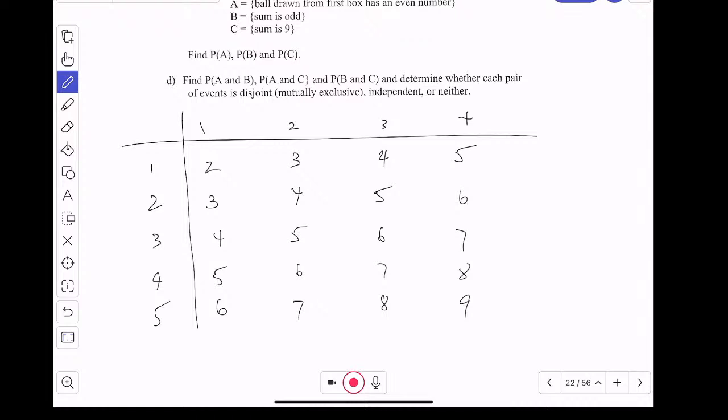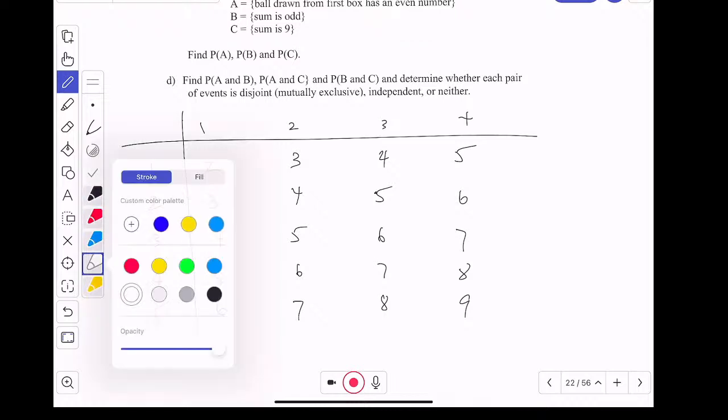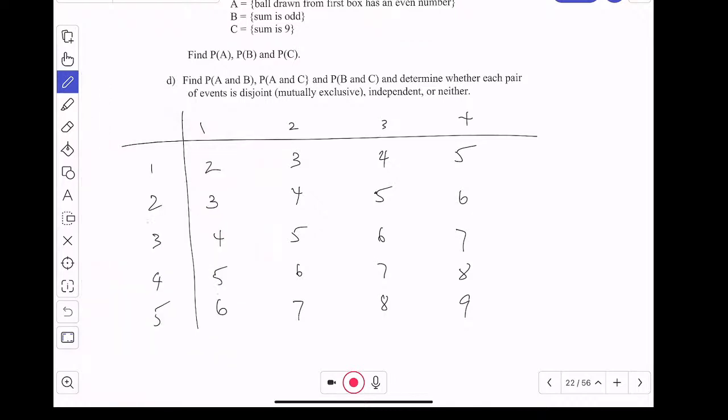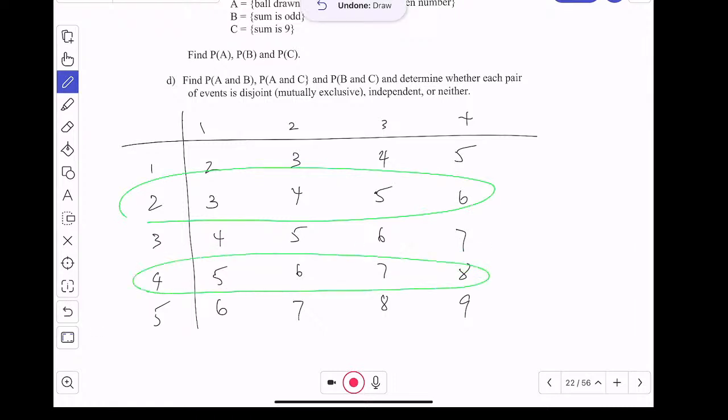So the ball drawn from the first box is an even number, would be this row and this row. Those are all the possible outcomes of the ball drawn from the first box is even. So that's going to be green.